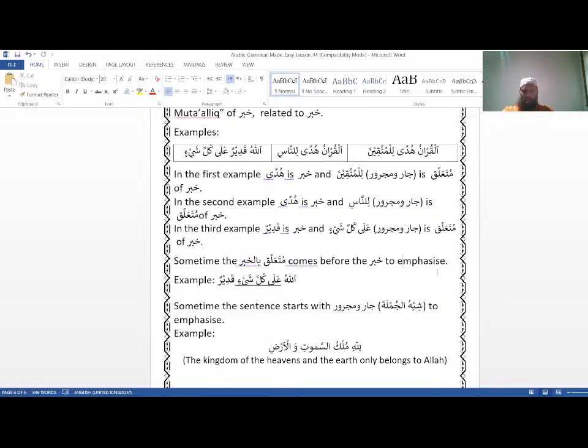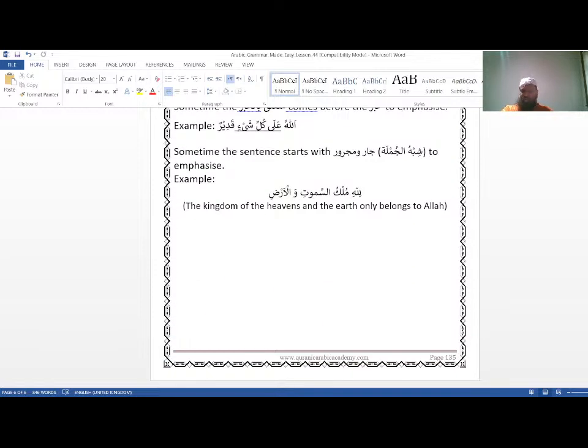Because the normal order is mubtada, then khabar, then muta'alliq, jar majrur. But if we see the structure has changed, the khabar came first, or the shibhul jumla came first, then we'll know this happened for emphasis, to give us a stronger meaning.